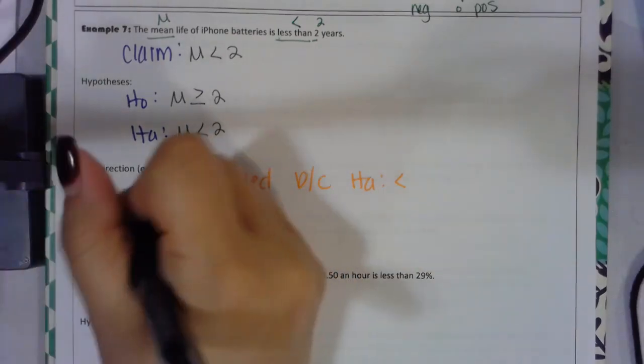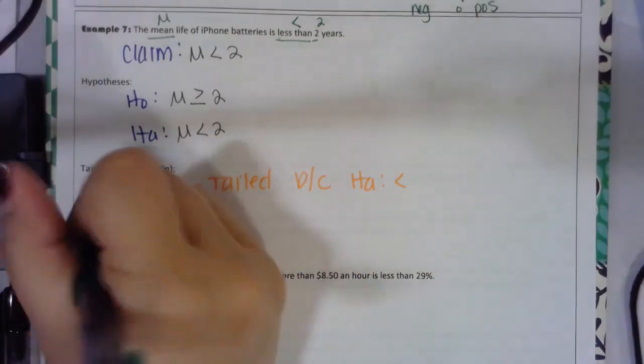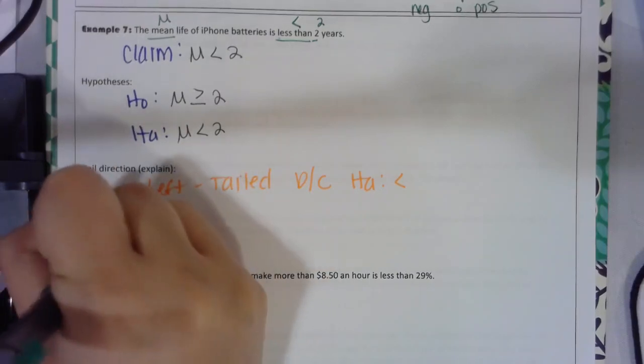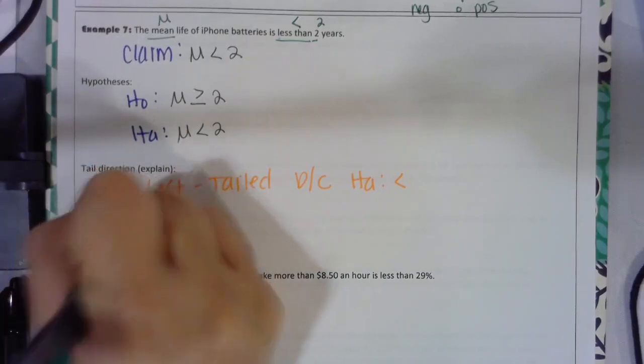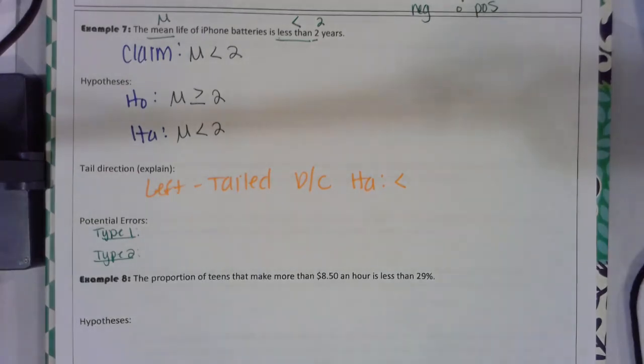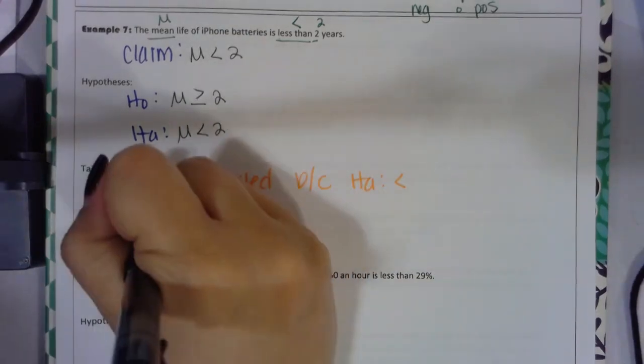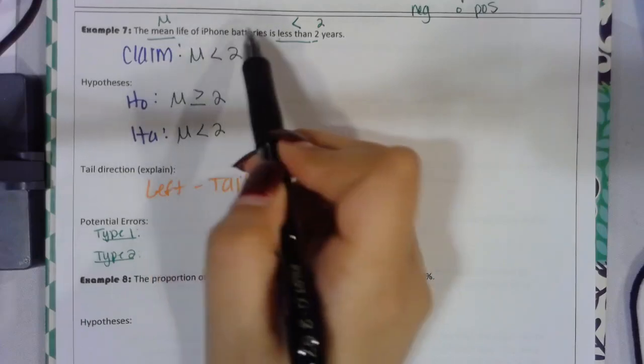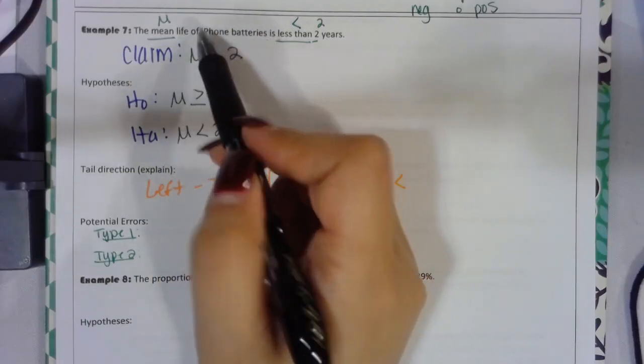So your potential errors, I had to write small. In our type 1, that means our null hypothesis is true, but we reject it. So our null hypothesis is about the mean life of a phone battery.